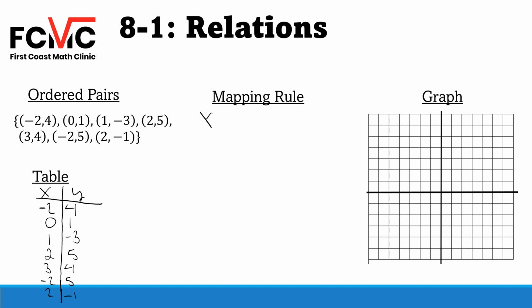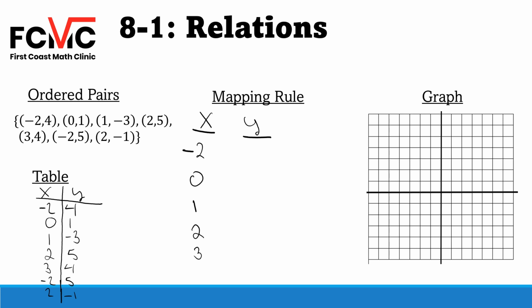Our mapping rule, x and y. We want each distinct x and y value. So we've got a -2, a 0, a 1, a 2, and a 3. That's our distinct x values.